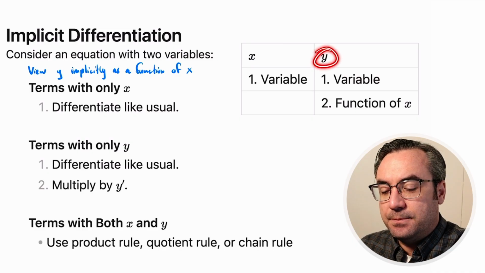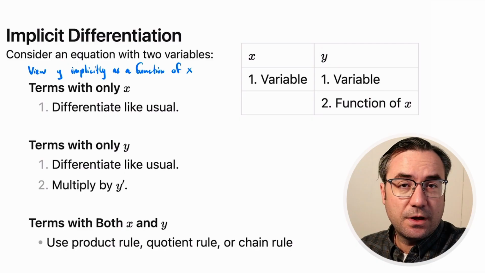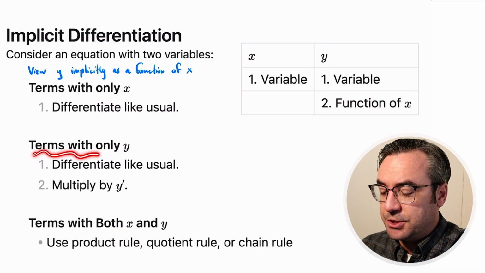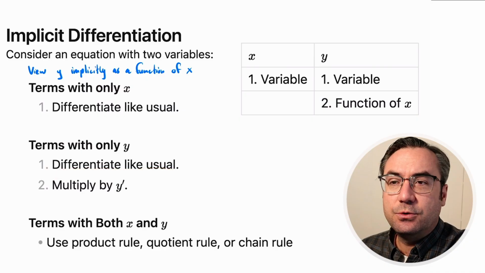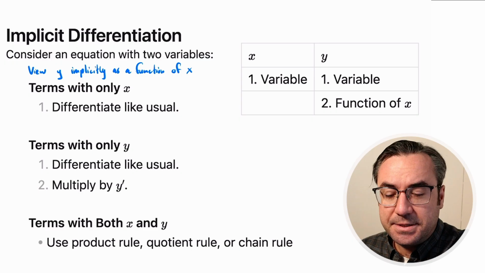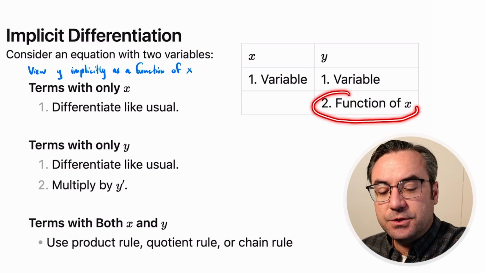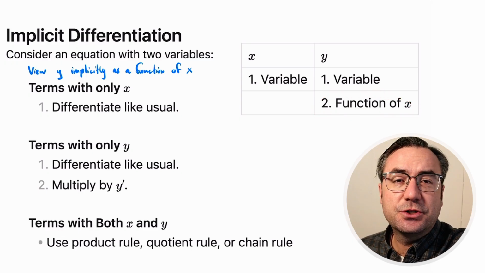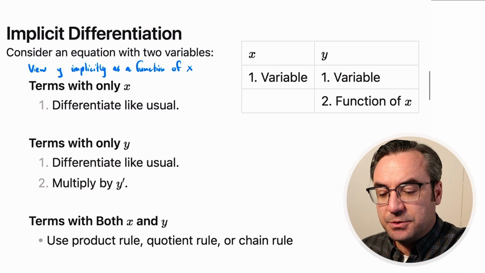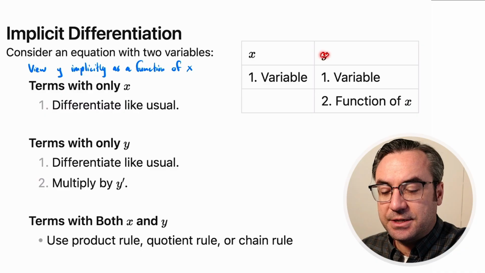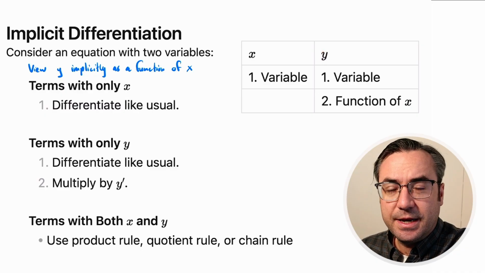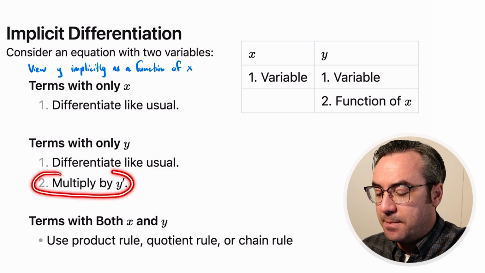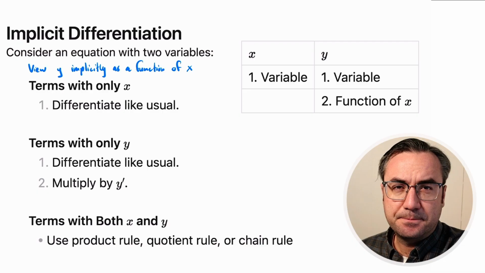For a y term, we treat it first like a variable and differentiate it as usual. But because we're also treating it as a function of x, you can almost think of it like there's a whole bunch of little x terms hidden inside the y. So we then multiply that result by y prime.